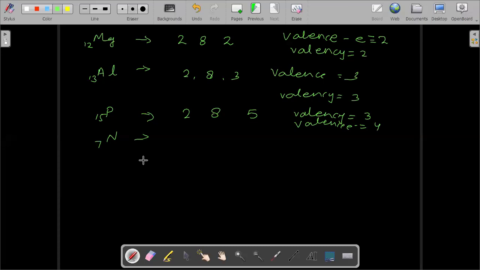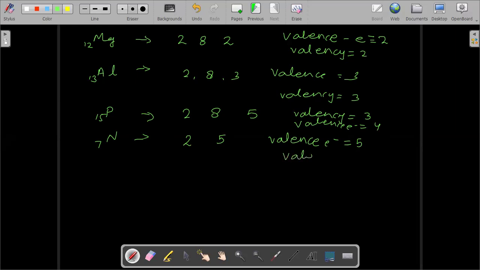I can find out for nitrogen. Someone tell the valence electron and valency for nitrogen. The configuration is 2, 5. Very good. What is the valence electron? 5. And what is the valency? 3.